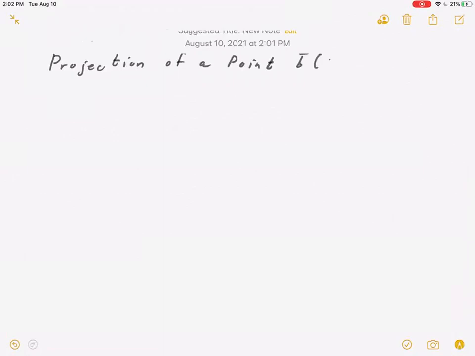Okay, so last time we were looking at the problem of the projection of a point, which we'll call B. This point is also a vector. Vectors are points on a plane.